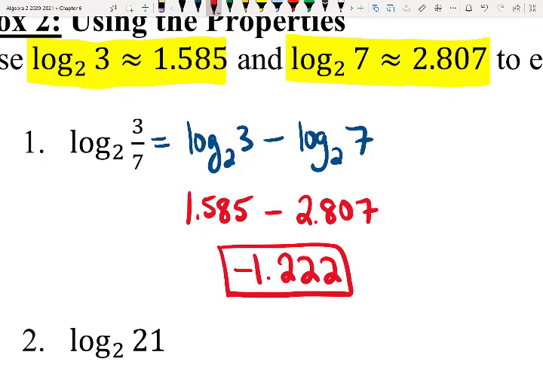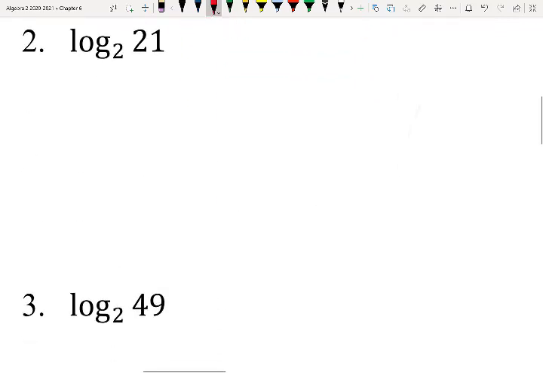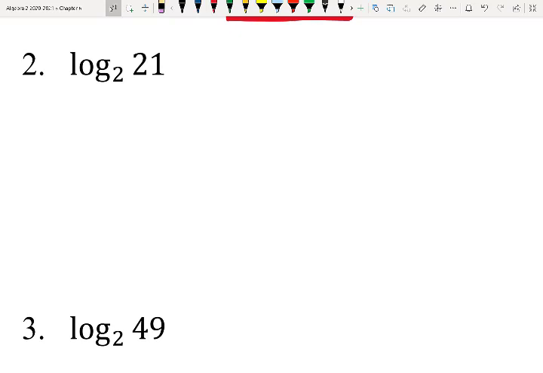Okay, moving along. For number 2, we are given log base 2 of 21. Well, log base 2 of 21 we don't know the value of. But if we're trying to put it in terms of log base 2 of 3 and of 7, what we have to do first, before we can do any kind of expansion, is realize that log base 2 of 21 could also be log base 2 of 3 times 7, because 3 times 7 is 21.